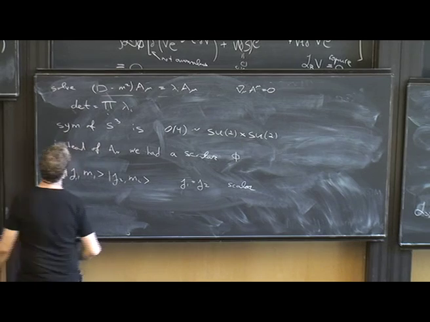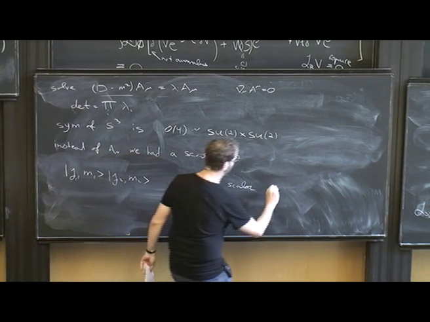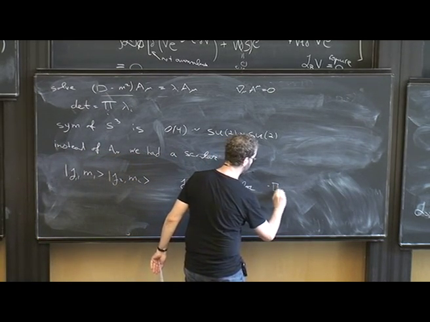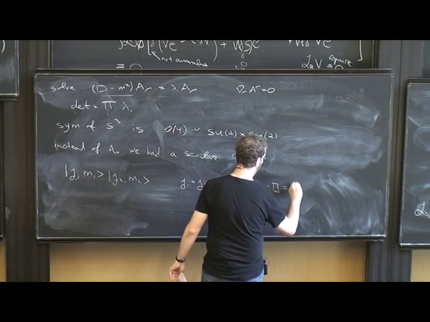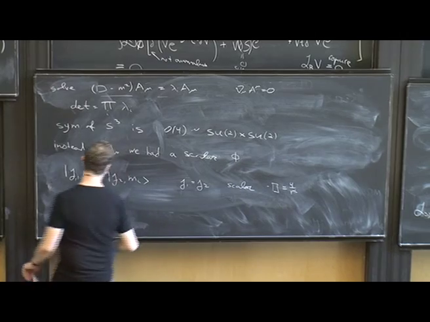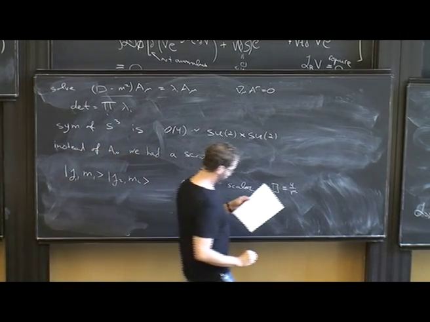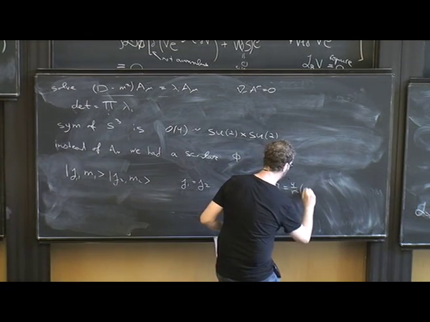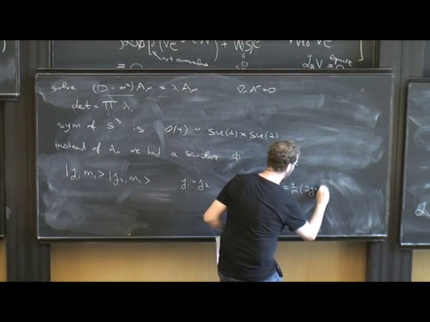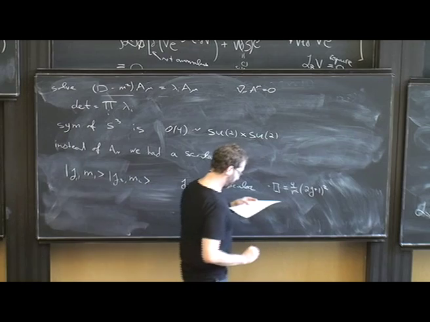And we have that minus box is equal to 1 over r squared times 4 j times j plus 1.